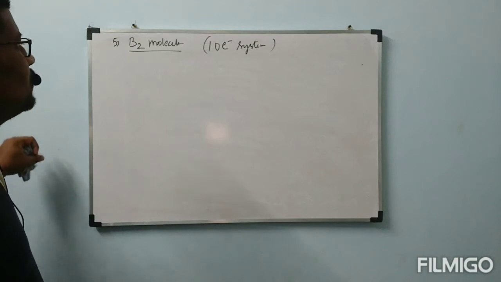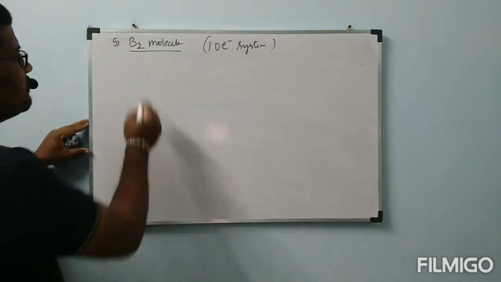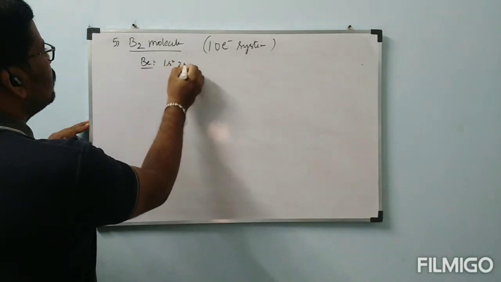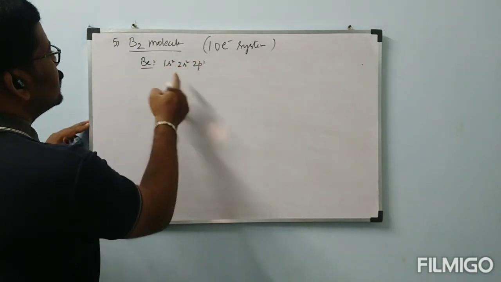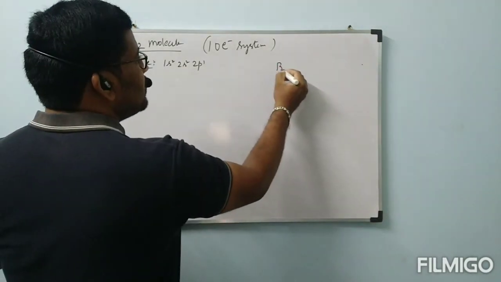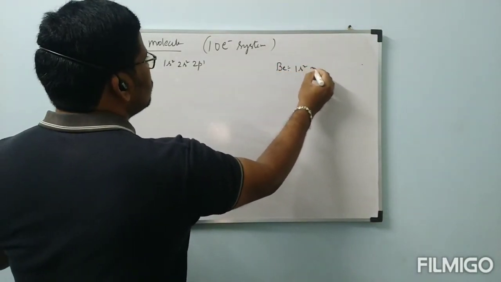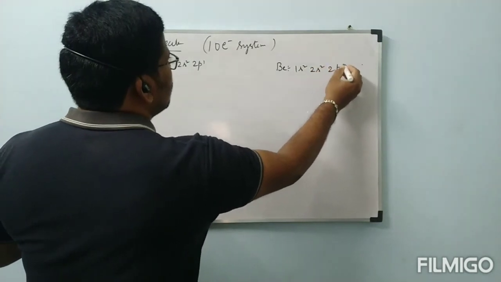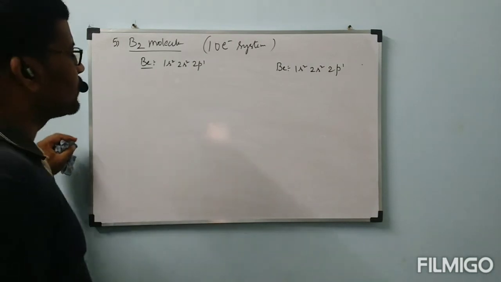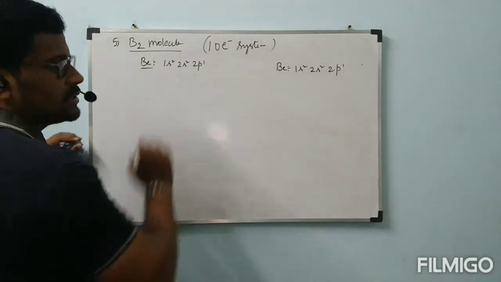Now the electronic configuration of boron: 1s2, 2s2, 2p1. This is the atomic electronic configuration. Same for the other boron, also 1s2, 2s2, 2p1. So now we are getting 2p also.